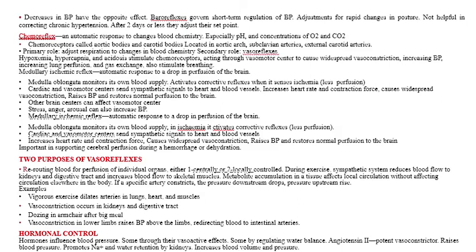The muscles also contract so that they push venous blood to the heart. Vasoconstriction also occurs in the kidney and digestive tract, so that blood is diverted from these organs to the muscles during physical exercise. Dozing also happens in an armchair after a big meal.